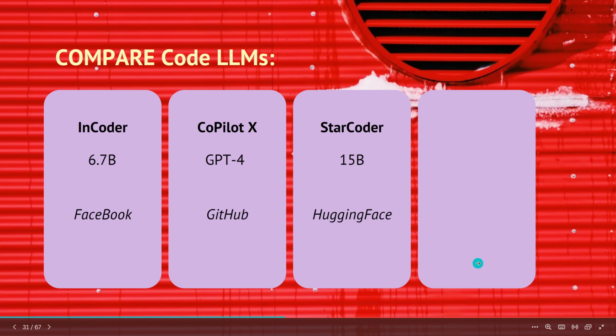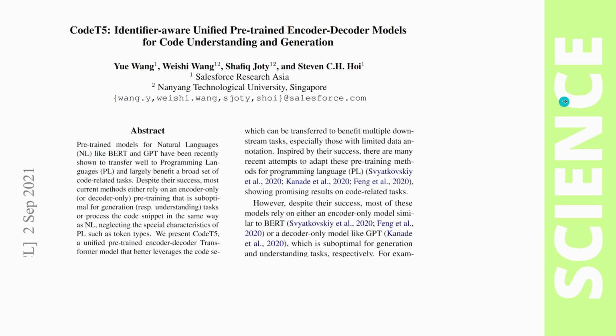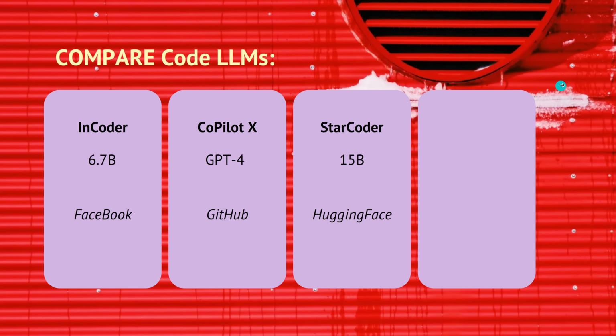And then I would like to show you an absolute outlier. And this absolute outlier is here by a company I didn't expect. It is Salesforce. Salesforce Research Asia started in September 2021 with CodeT5. Very interesting model. But you know what?